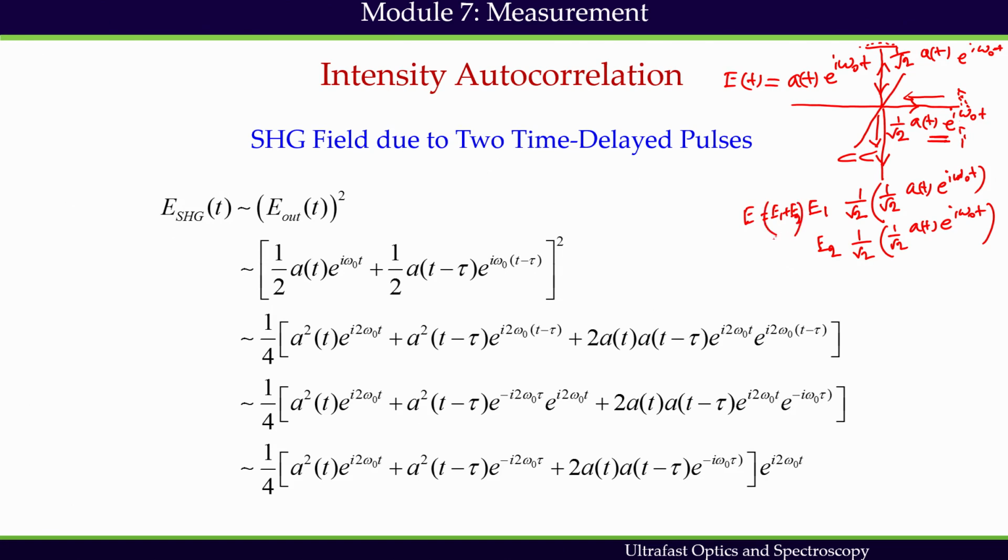Now, if we introduce a delay with respect to the other pulse, instead of t for the second pulse, we will write E2 as 1 by 2 at minus tau, multiplied by e to the power I omega naught t minus tau.